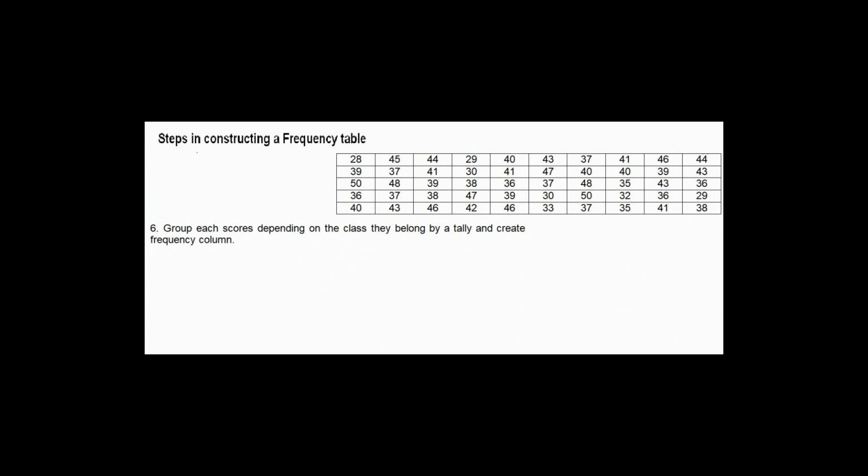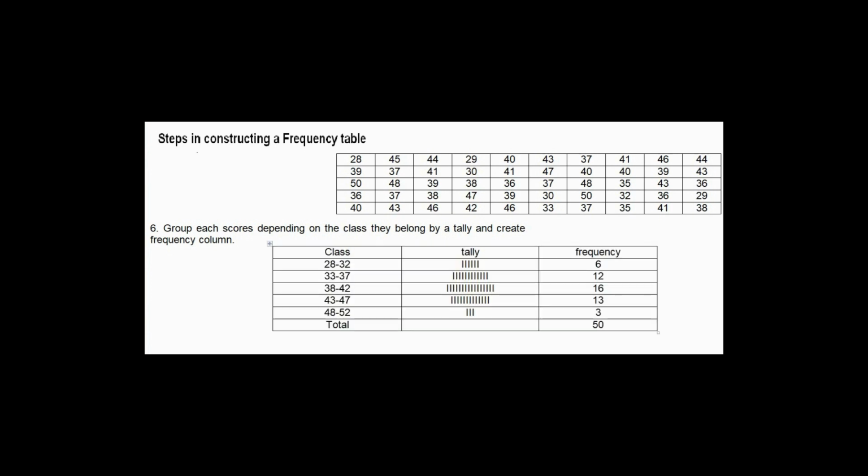Sixth step is to group each score depending on the class it belongs to by a tally and create a frequency column. I have already prepared the frequency table. Of course, we have the class lower limit and the class upper limit. So all you have to do when making this frequency table is to assign a tally column and a frequency column.